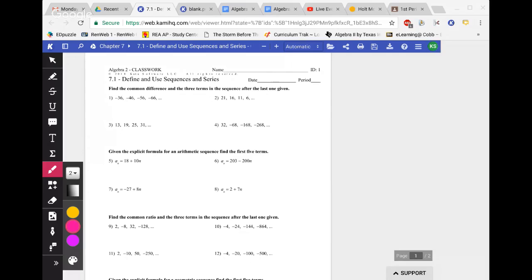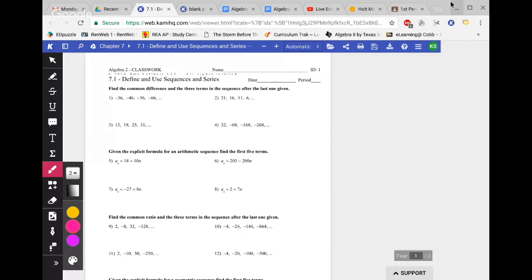But like I say, as we move through the chapter, a lot of it will make more sense. There's really no other way. You have to introduce the vocabulary for sequences and series first. Then as you start understanding arithmetic sequences, and then geometric sequences, it'll start making more sense. But let's just work through the worksheet that I gave out yesterday.